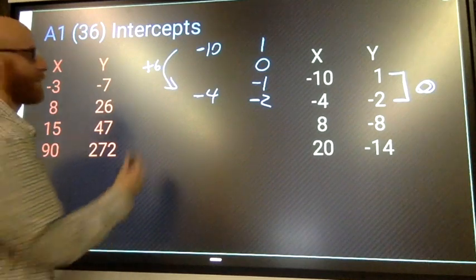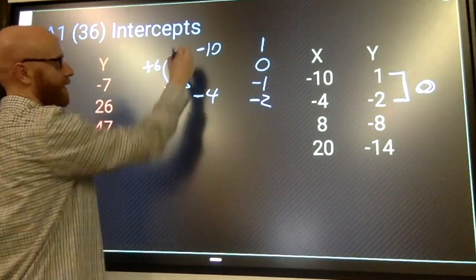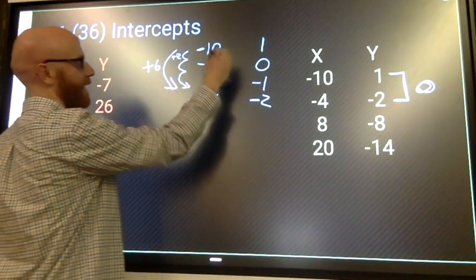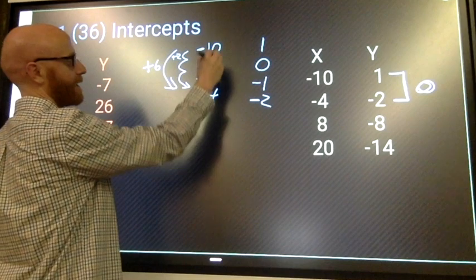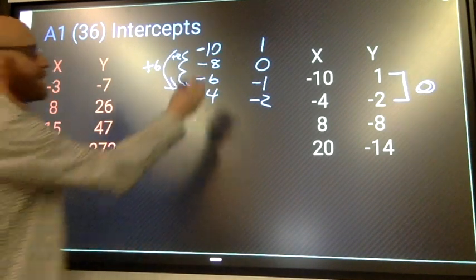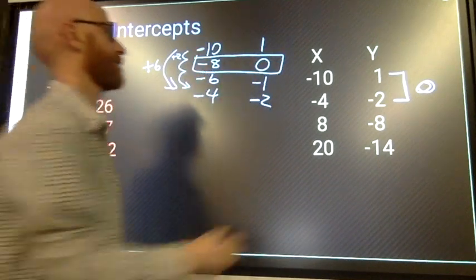In 3 steps, that means each of my individual steps should be +2. Right? -10 plus 2 is -8. -8 plus 2 is -6. -6 plus 2 is -4. Right? Here is my x-intercept.